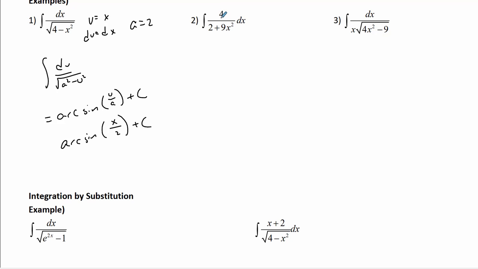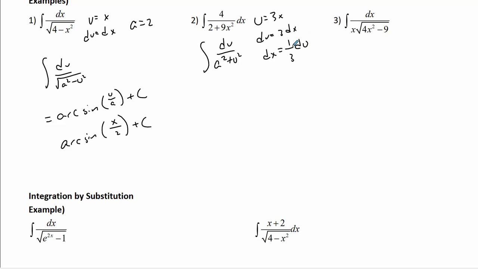This one is going to look a little weirder because the 2 is playing funny tricks on us. I want this to be du over a squared plus u squared, so that's arc tangent. u is going to be equal to 3x, so u squared is 3x squared. du is equal to 3 dx, so dx is equal to 1 over 3 du.